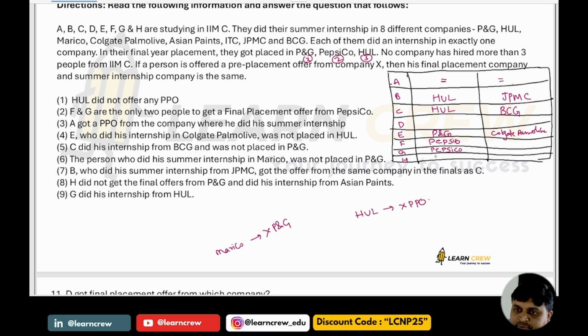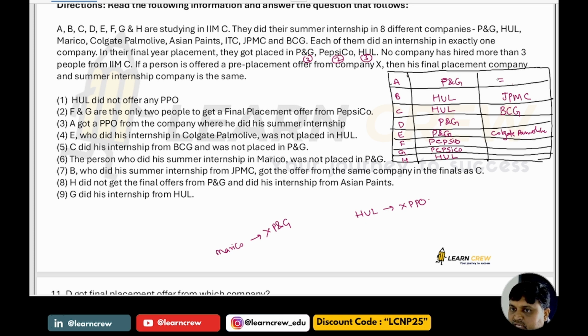So if it is not P&G, it has to be HUL. Now 3 HUL are fixed. Therefore, it has to be P&G, because not more than 3. So 3 P&G, 3 HUL, 2 PepsiCo offers.